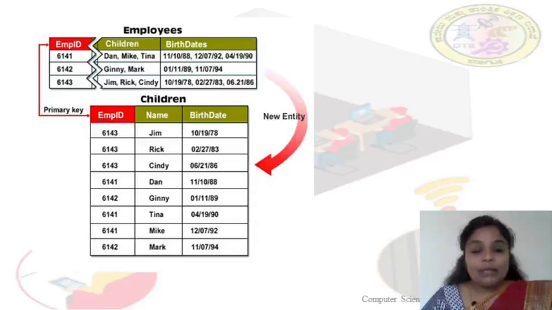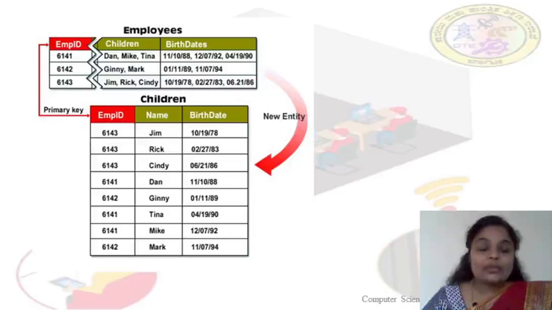That multiple value, whatever we are storing there, we are going to consider it as what? Multi-valued. Okay. Whereas the employee ID should be a single value. I can't give 2 IDs to one employee. It should be a single value, whereas this is multiple value. The children field is multi-valued.